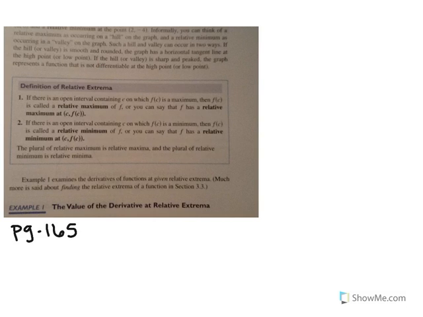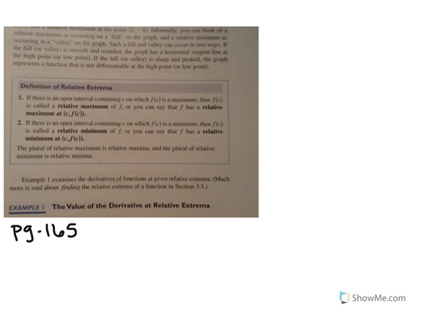So now we need to talk about what relative extrema are versus absolute. So this is on page 165, and number 1 says if there is an open interval, that means that there's parentheses on both ends, containing c, a point that we're interested in, on which f of c is a maximum, then that point is called a relative maximum of f.